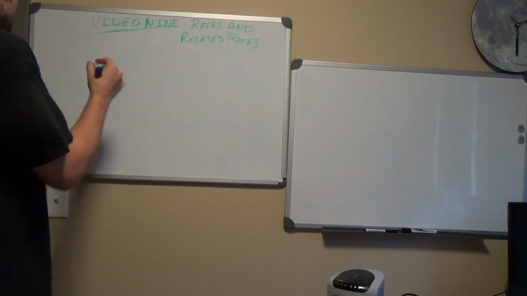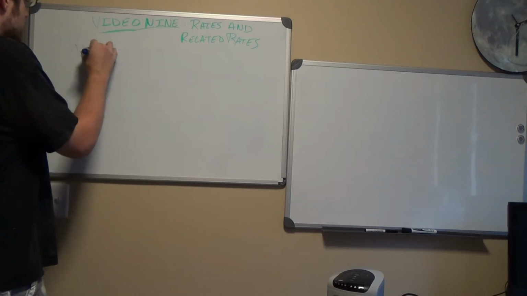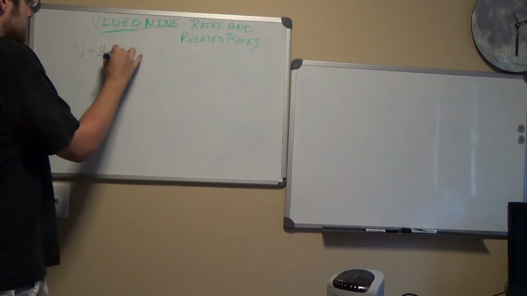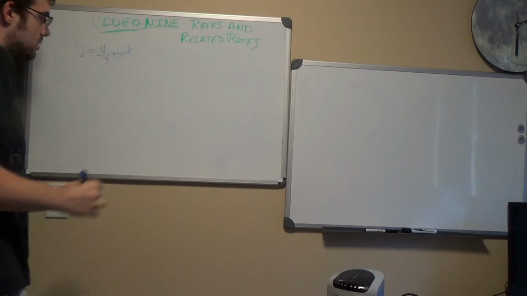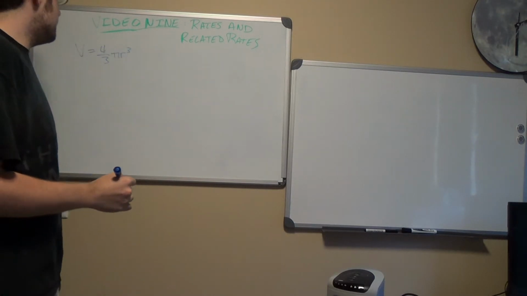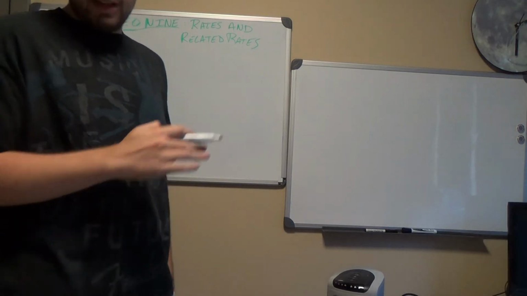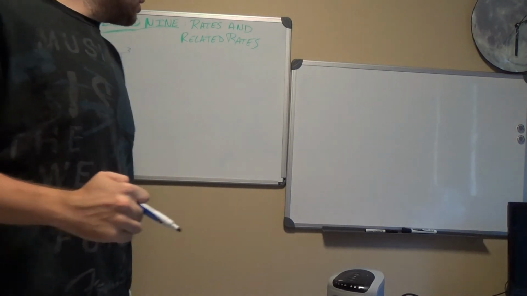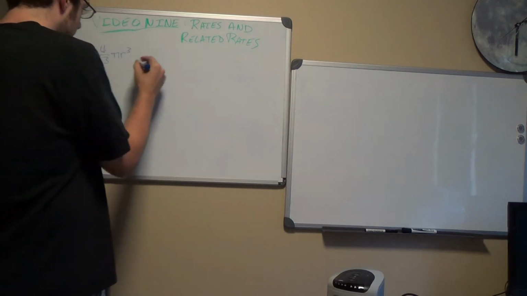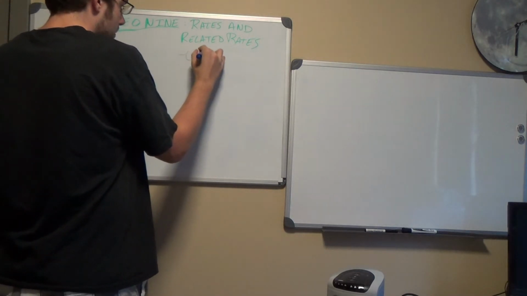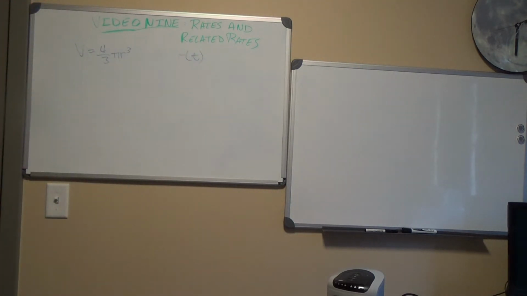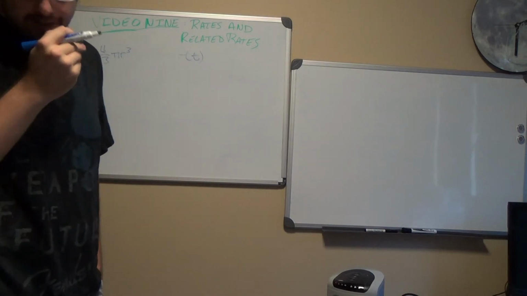So let's rewrite this. We have V equals 4/3 pi r cubed. Now we don't know any time relation of the radius.